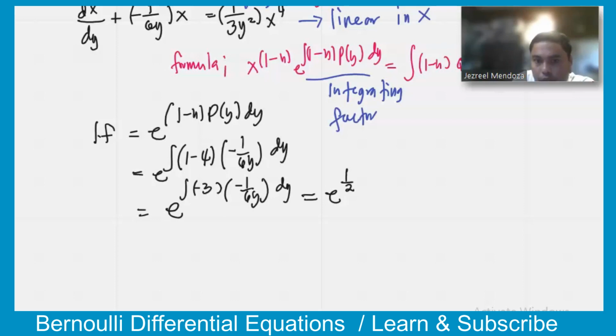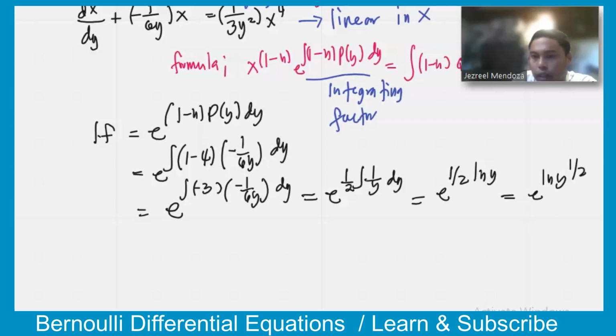That is 1/2 integral of 1 over y dy, and that is e to the 1/2 of ln y, or e raised to ln of y, and then 1/2. But again, e to the ln is just equal to 1, so therefore our integrating factor will be y to the 1/2.